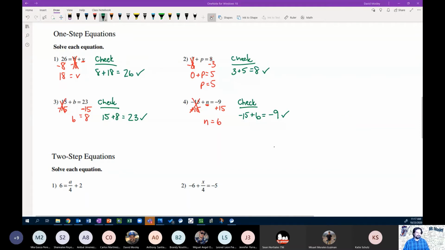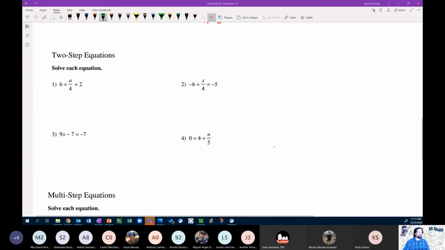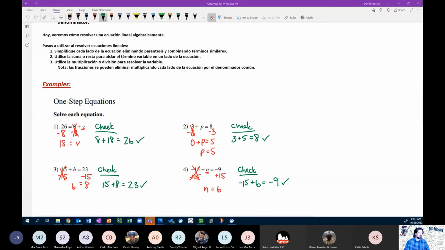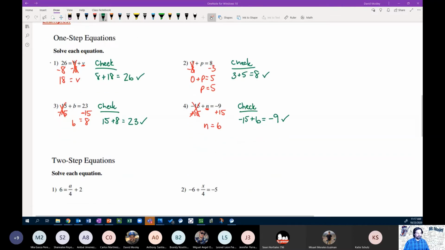You know, coming from a guy with a math degree, but still. All right. So, 2-step equations. On this first one, we're going to start in our steps on step 2. We're going to be adding or subtracting, but then we're also going to have a multiplying or dividing as a next step to solve for the variable.